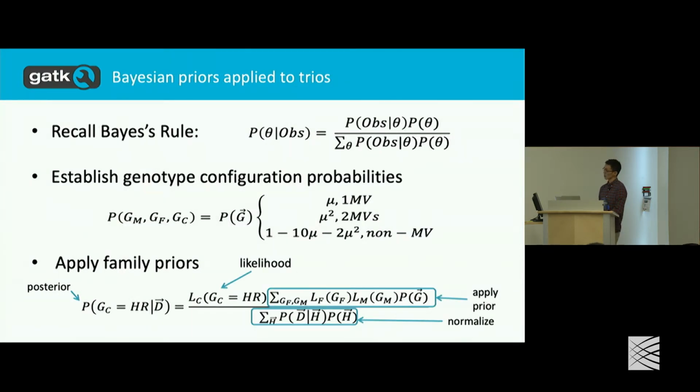And here's some equations, but what to take away from this is that there's this factor mu, which is the probability that we get a de novo mutation.